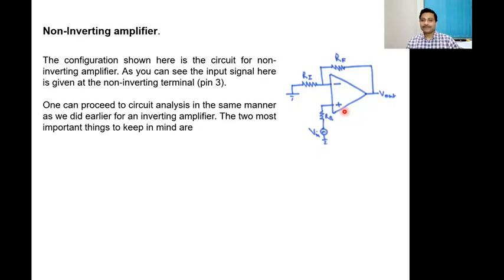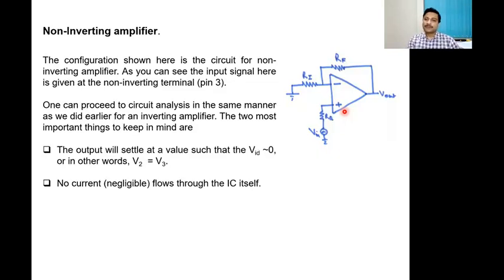You can proceed to analyze the circuit in the exact same manner as we did for the inverting amplifier. Simply keep in mind that the implication of a negative feedback is that the output will settle at a value such that the differential input is close to 0, and that means the voltage at pin number 2 is the same as the voltage at pin number 3.